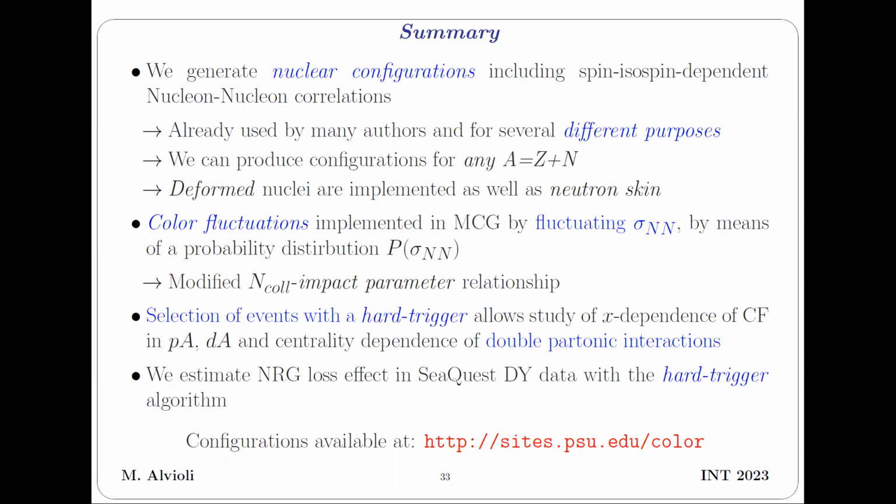We developed a mechanism to model a hard trigger in high energy collisions, and eventually we used this machinery to estimate an energy loss effect and try and look in the Drell-Yan data for a possible EMC-like effect for anti-quarks. And this is about all I wanted to say.